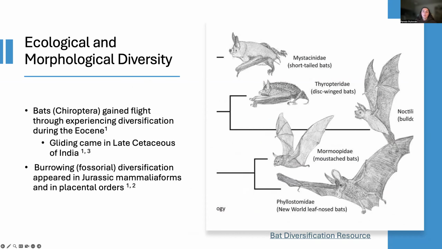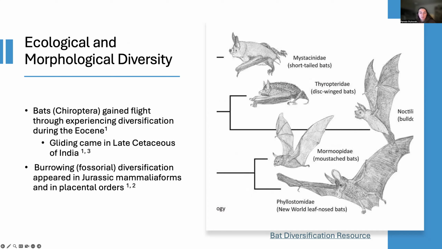With more diversity, we have bats, Chiroptera, which gained flight through diversification during the Eocene, and then later gained gliding, which was in the late Cretaceous in India.